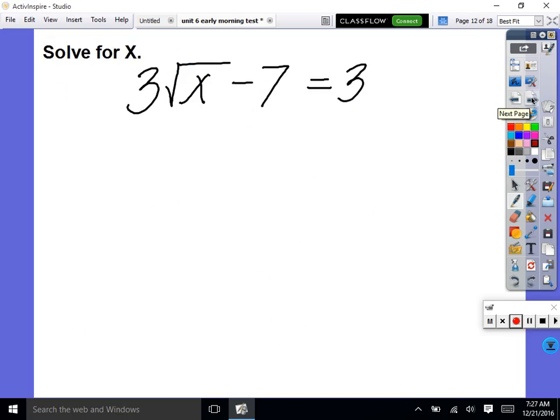Okay, so now we're going to the section of the test that says solve for x. So we need to fly through this because we're cutting it close on time. So your first rule is isolate the radical, correct? So we would add 7, add 7.